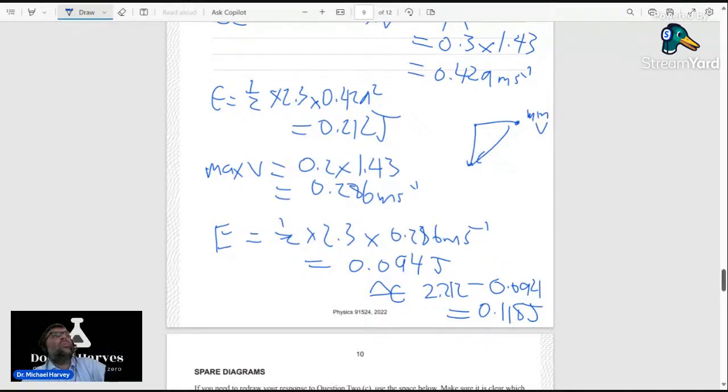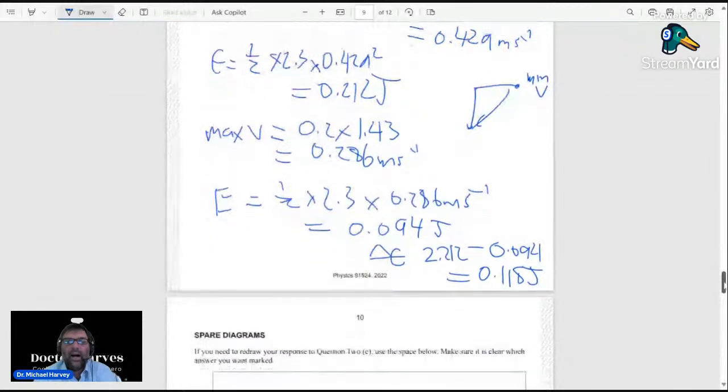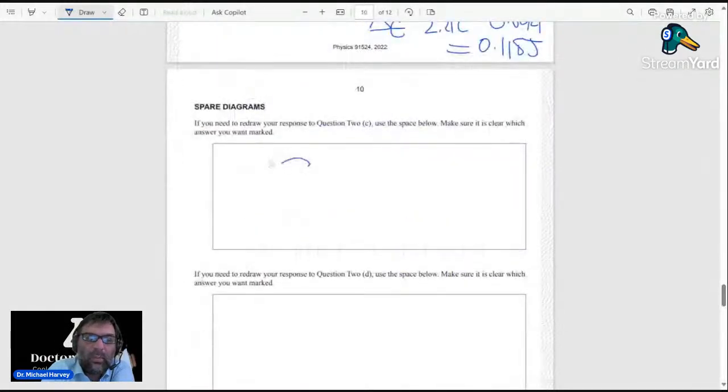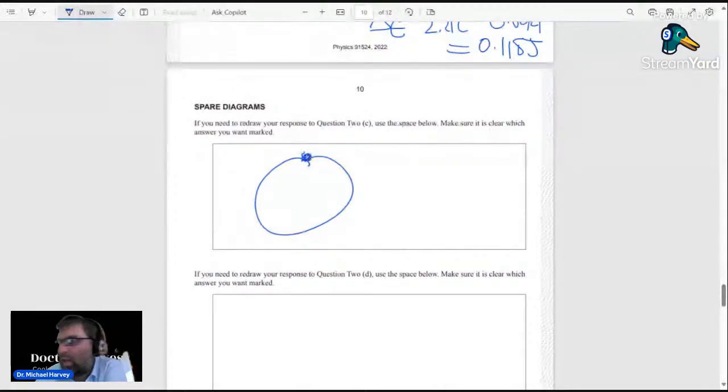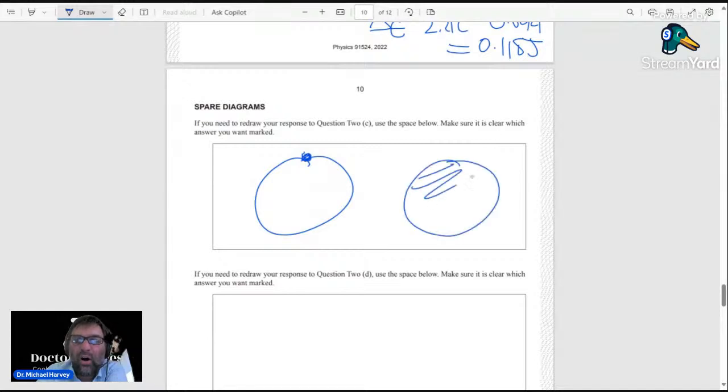So rotational motion is essentially you're looking at the entire object rotating, whereas circular motion is, okay, maybe I'll write it down here. Can I do that? Spare diagrams. Oh, okay. So circular motion is we're actually looking at the object in the circle, whereas rotational motion, we're looking at the entire object rotating.